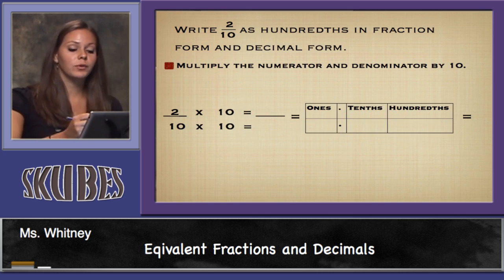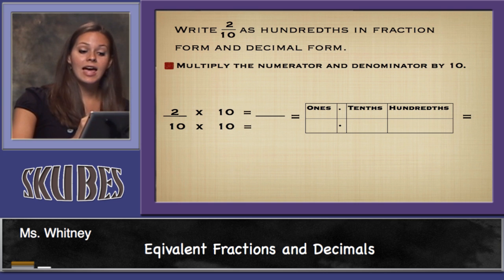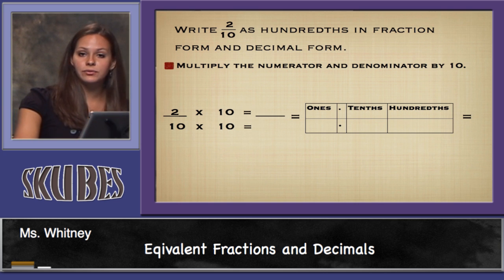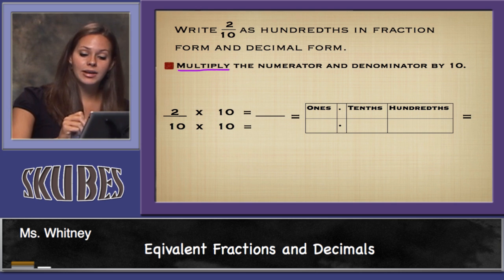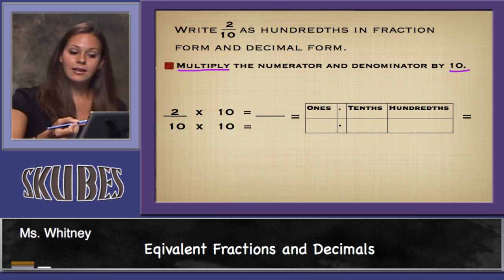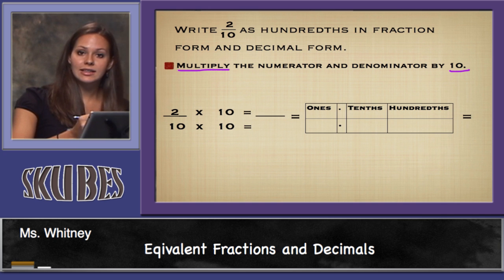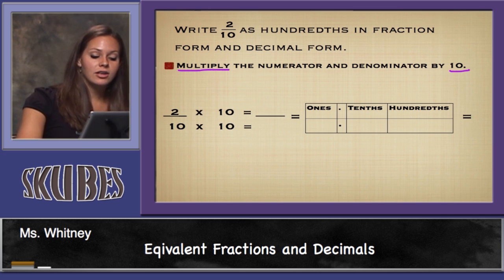Let's look at another one. We're going to write 2/10 as hundredths in fraction form and decimal form. We are going to multiply the numerator and denominator by 10 to make the fraction 2/10 as hundredths. Let's try it. 2 times 10 equals 20. 10 times 10 equals 100.